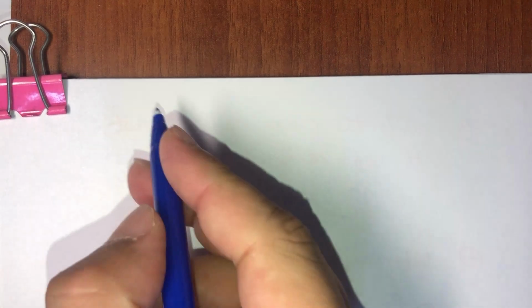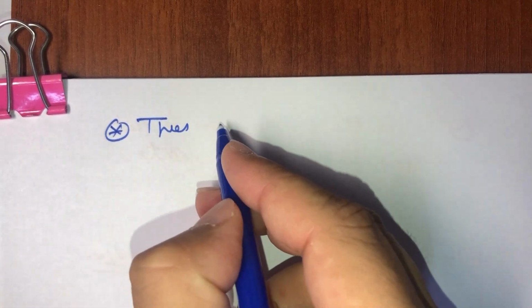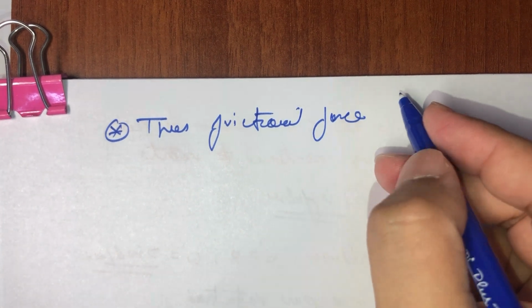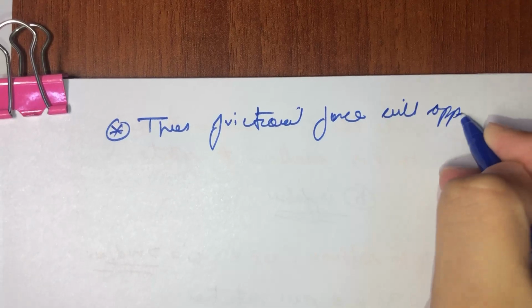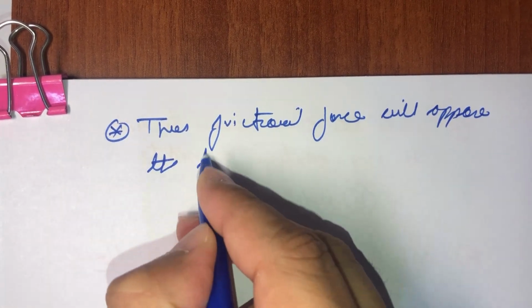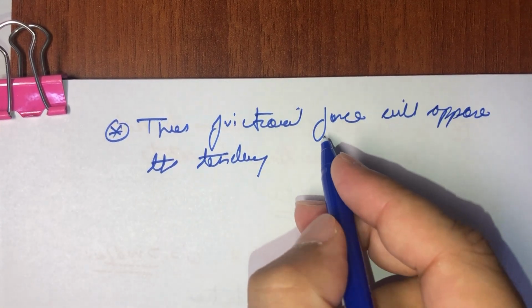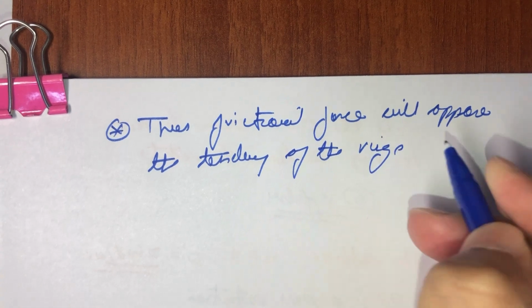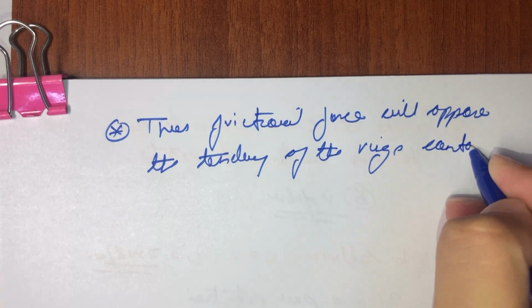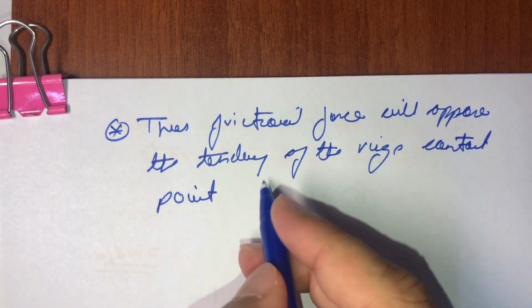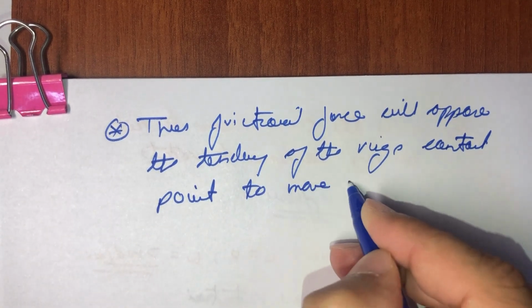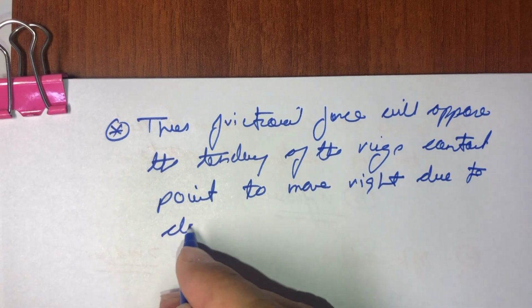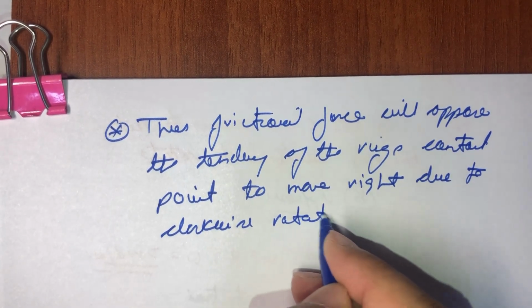So the frictional force will oppose the tendency of the ring's contact point to move right due to clockwise rotation.